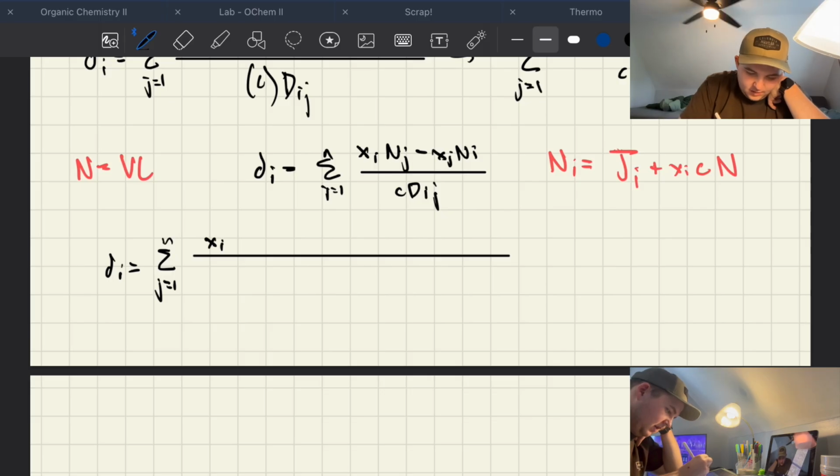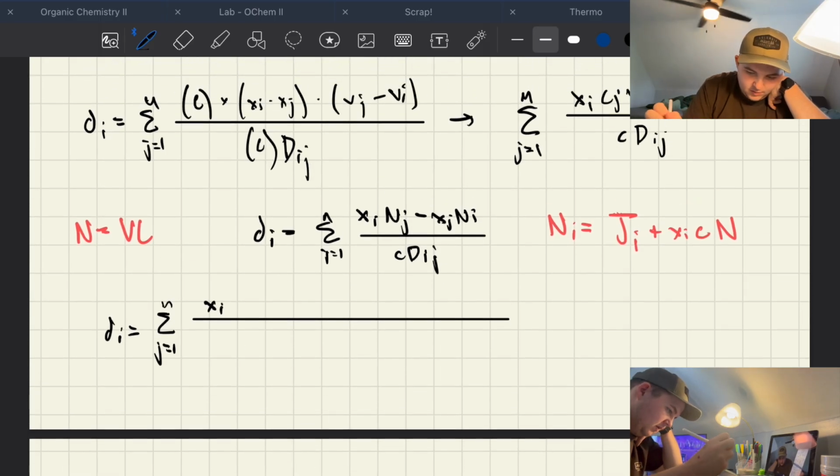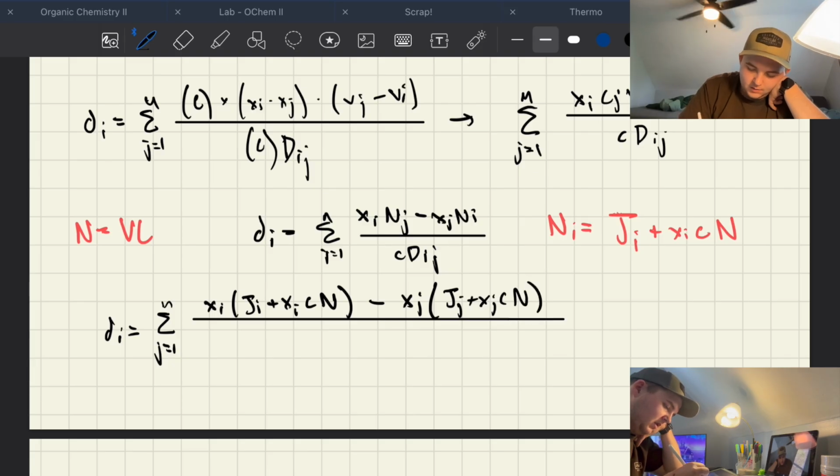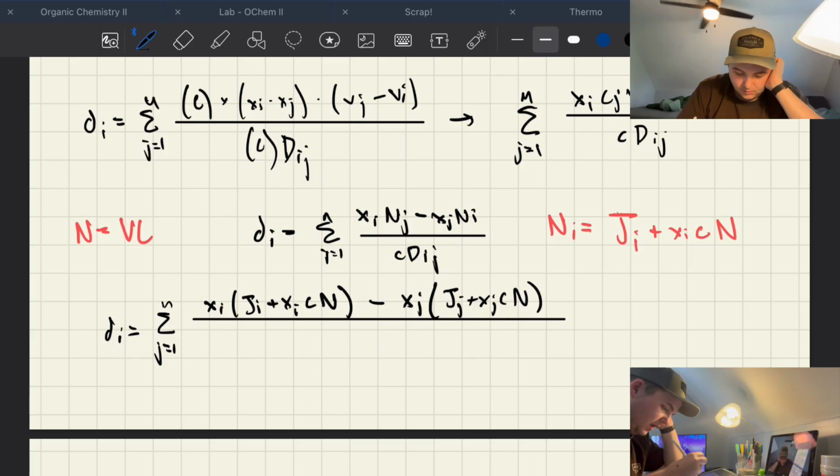We're going to have x_i, I have to go up, there we go, J_i plus x_i c N, and then minus x_j, J_j plus x_j c N, didn't even have a long enough fraction, and then that will all be over c D_ij.